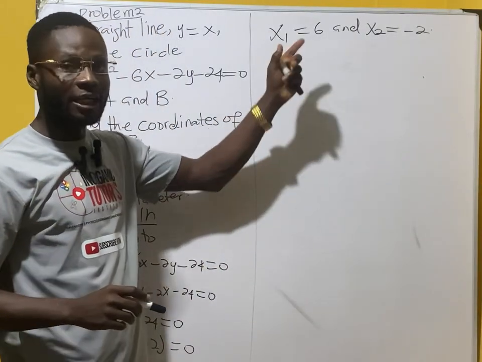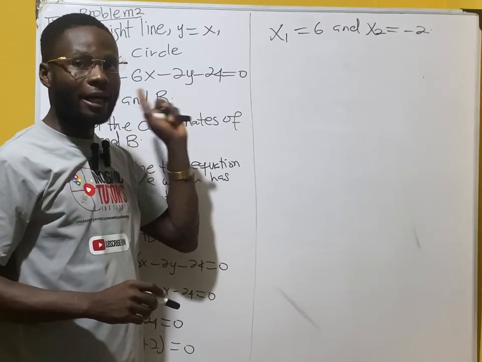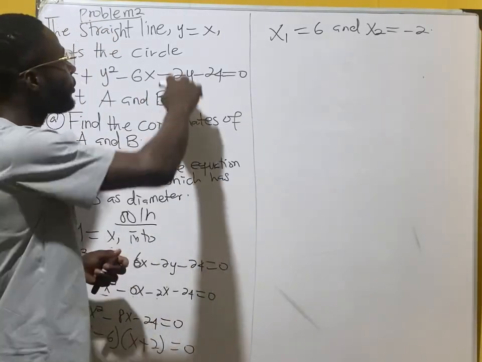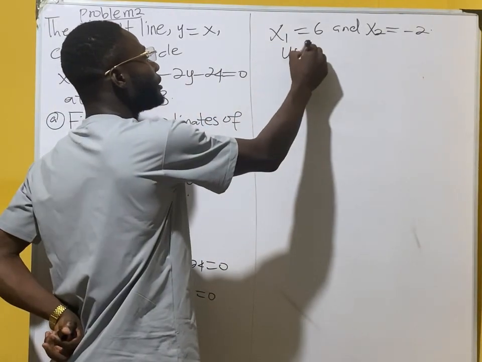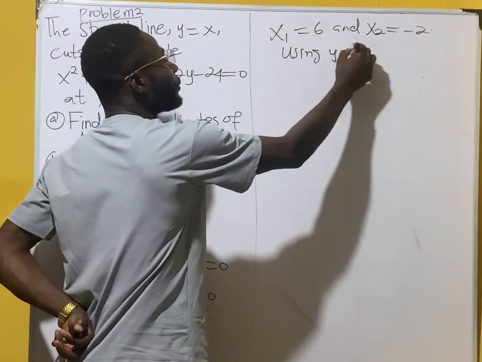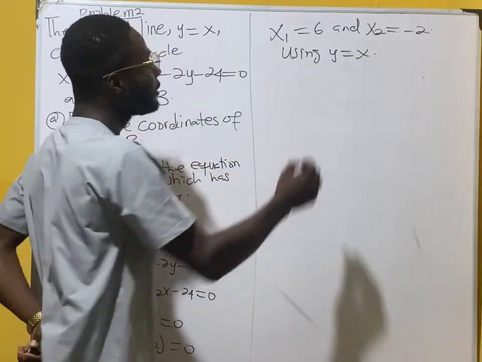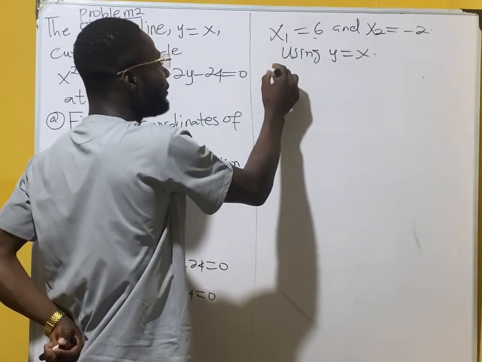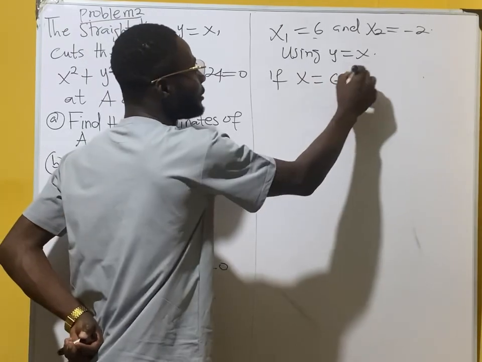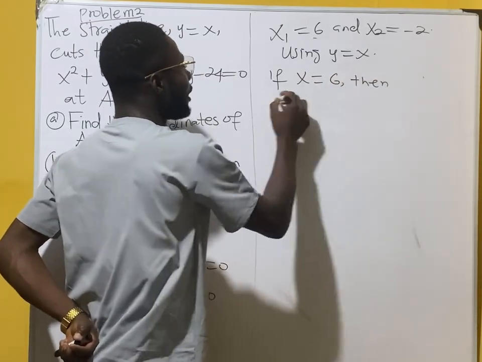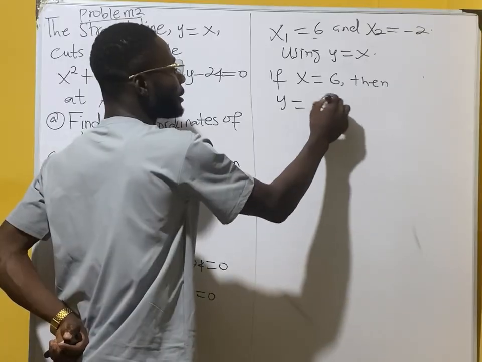So we have to find the y coordinates as well. In that case, we are going to use the straight line y equals x. If x equals 6, then y equals 6 as well.